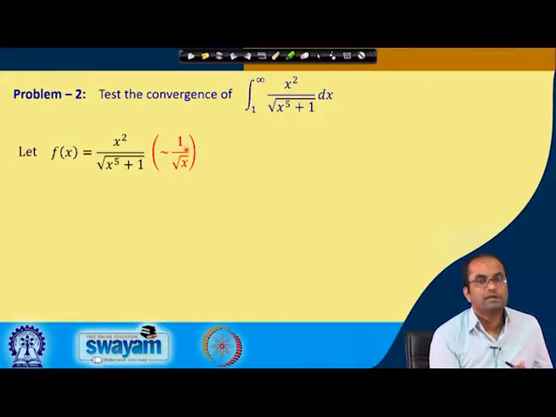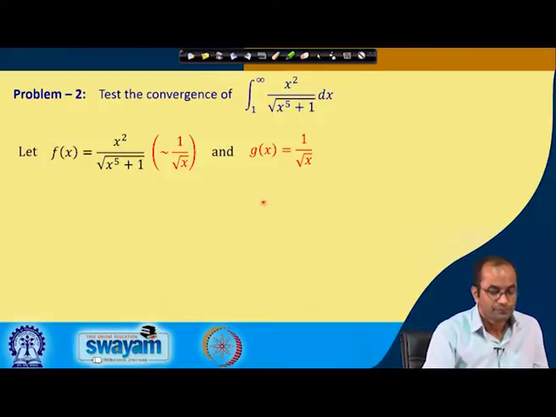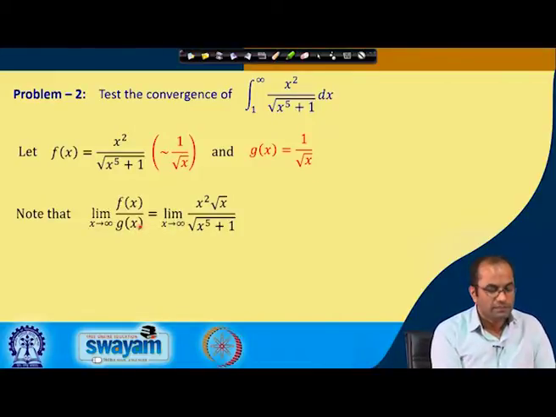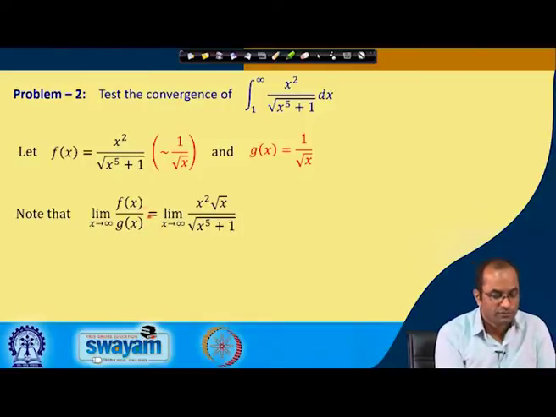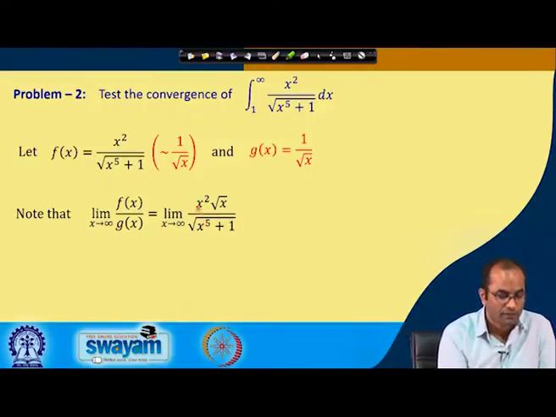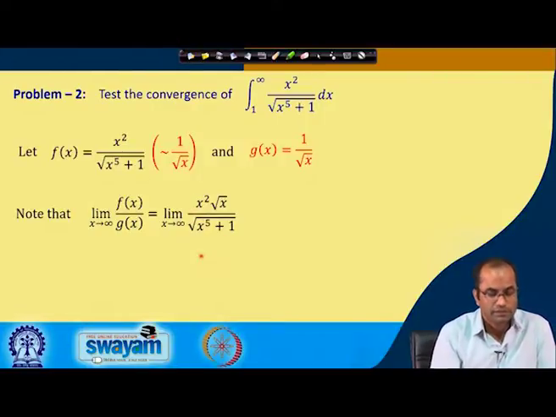Based on this, now we can choose the function g. We have taken g as 1 over square root x, and now we will take the limit of f x over g x. This limit is x square, and the square root x will go there, over the square root of x power 5 plus 1, and we take this x power 5 common.